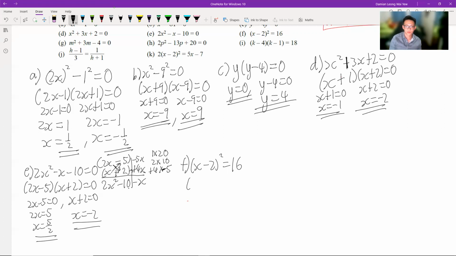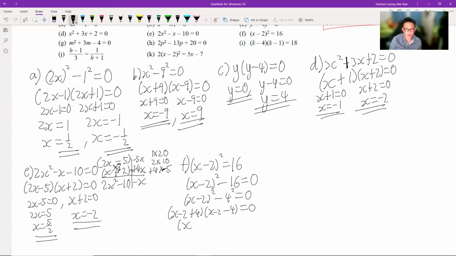Because now if I bring over the 16, positive opposite minus, 16 is basically 4 square. Then you can see this is a square minus b square, which I can factorize into (x minus 2 plus 4)(x minus 2 minus 4), one plus, one minus.